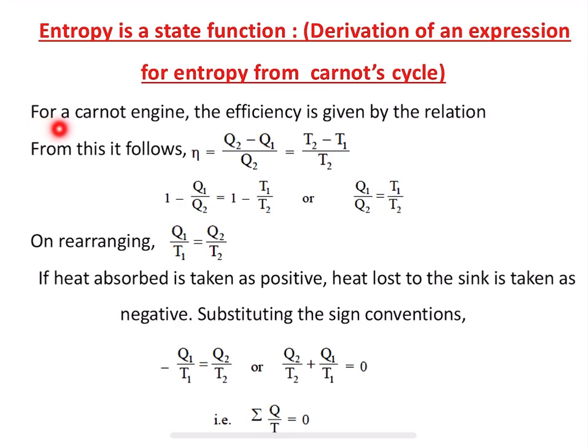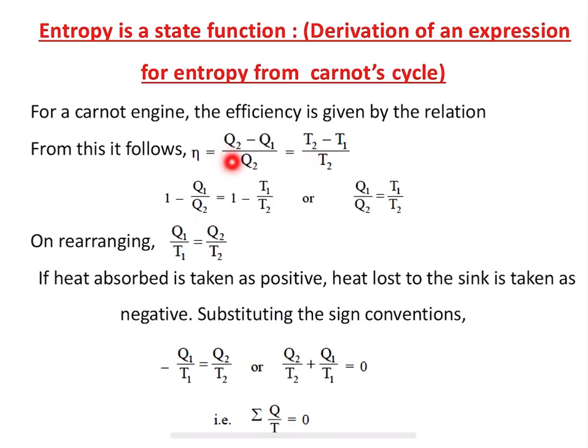Now for a Carnot engine, the efficiency is given by the relation eta is equal to Q2 minus Q1 divided by Q2, which is equal to T2 minus T1 divided by T2. That means the heat energy absorbed minus the heat energy rejected, divided by the total heat energy supplied to the system, gives us the efficiency.